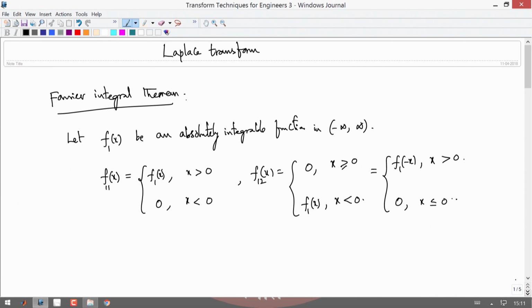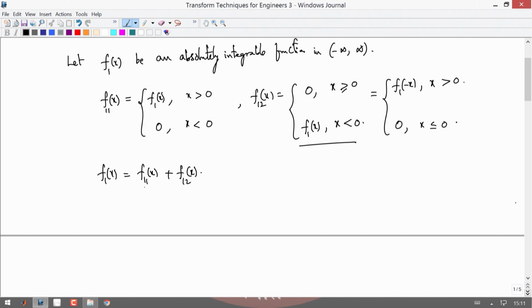This is the same as saying f1 of minus x is f1 of the negative argument, which is exactly our function. So this is for x positive and it is 0 for the negative side. This is how you can split, so that f1 of x equals f11 of x plus f12 of x.